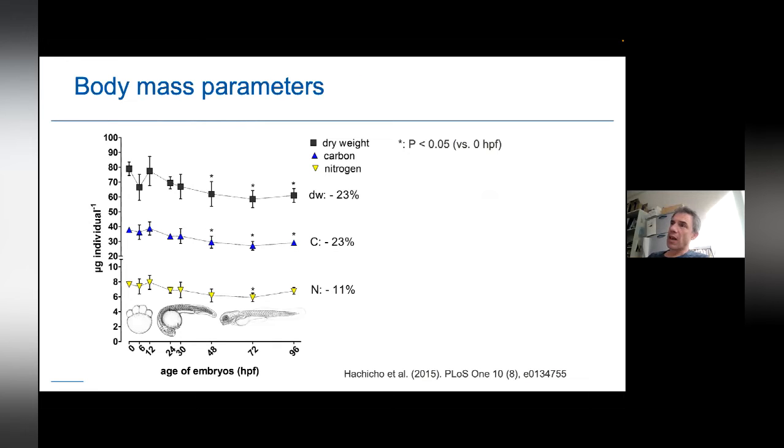And it doesn't take up any food. So during development, in these 3-4 days, first 10 days, it actually doesn't eat. So it loses a lot of weight. Body mass parameters decrease. So you see here dry weight, carbon, nitrogen.